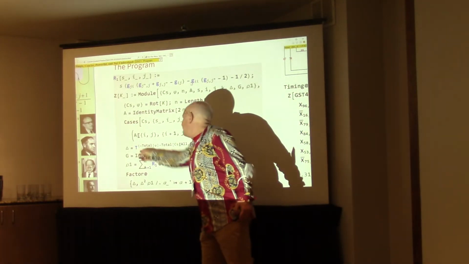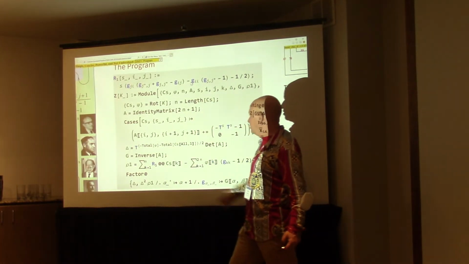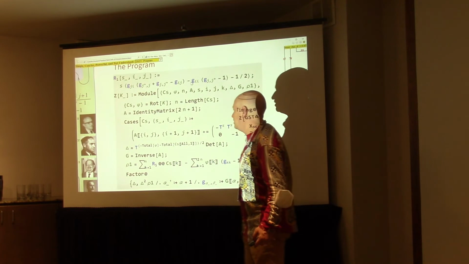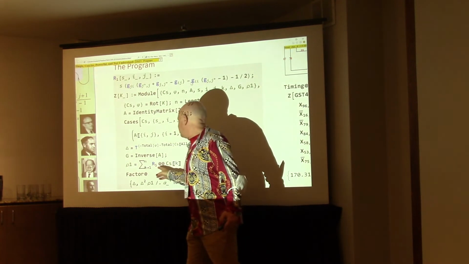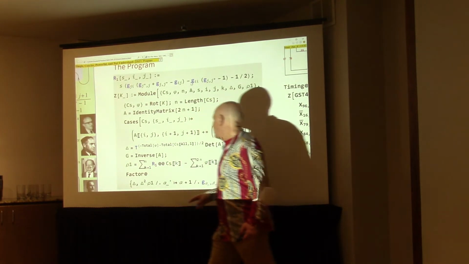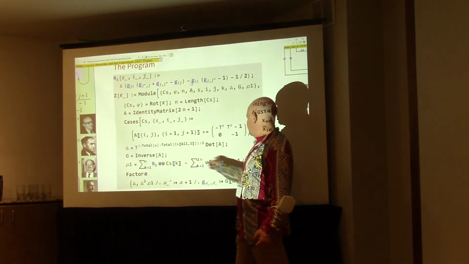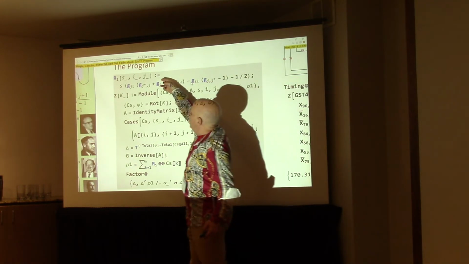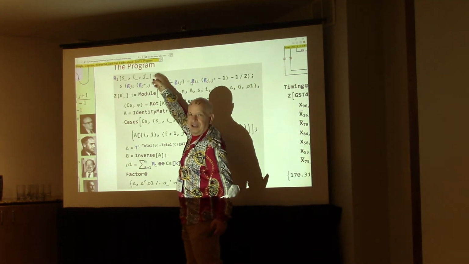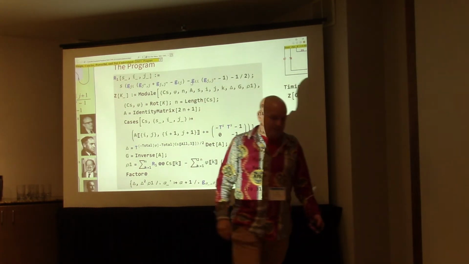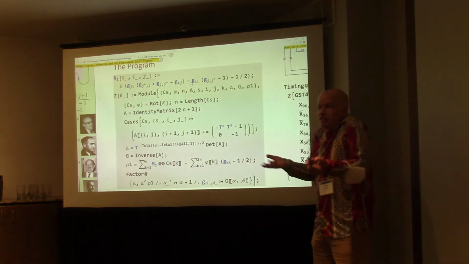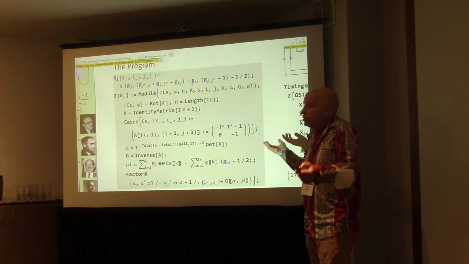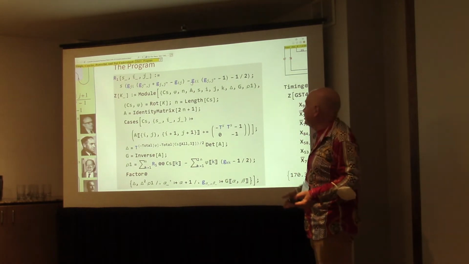You compute delta, which is essentially the determinant, and G, which is essentially the inverse. You let rho 1 be the sum of all R1s minus the correction term, where the R1s were defined already here. So it's basically, the program is just the definition, and it works, and it's absolutely nothing.